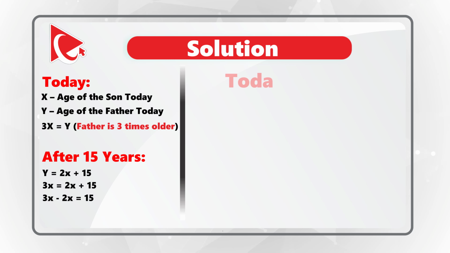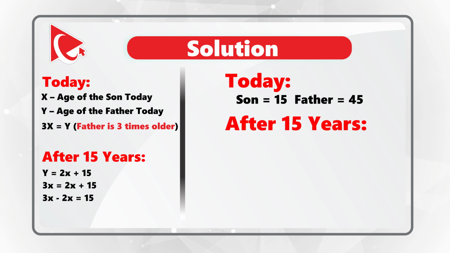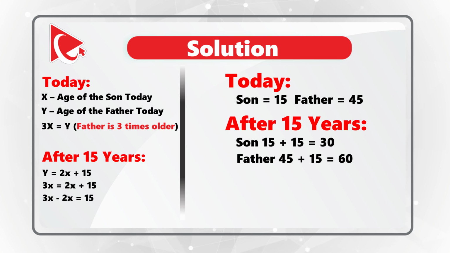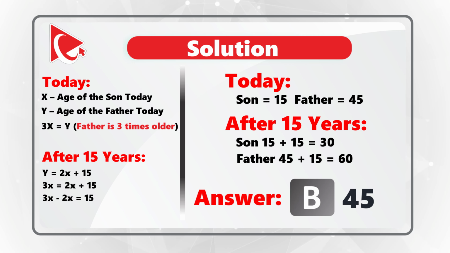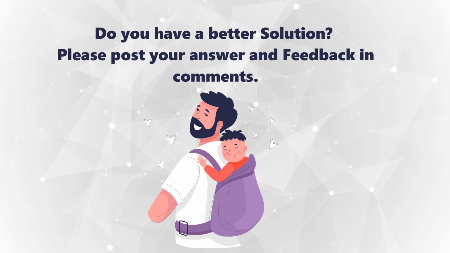And after completing the calculations, x will be equal 15 and y will be equal 45. Based on this, today's age of the son is 15 years old, which means that after 15 years, son will be 30 years old and father will be 60 years old. Hopefully you've nailed this question and now know how to answer similar age problems on the test.